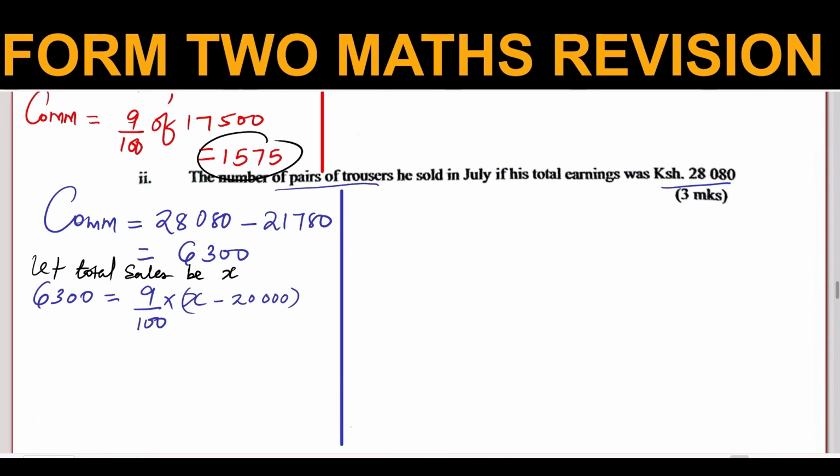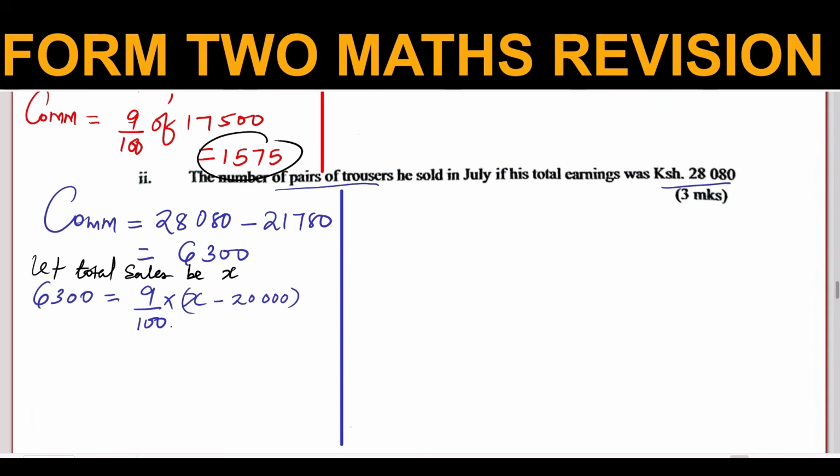That is how you get the commission. So 9% of the sales above 20,000, and we've let the total sales be X. So now X represents the total sales, and therefore we work out this X.